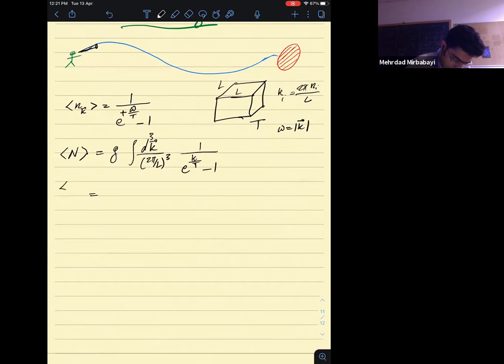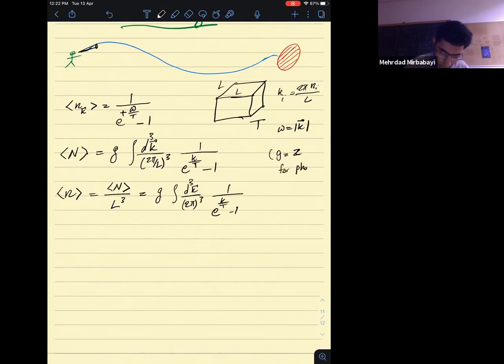We can ask about the number density of photons by dividing this by L cubed, the volume of the box, and that is given by g times d^3k divided by (2 pi) cubed, times 1 over e to the k over T minus 1. And remember that g is equal to 2 for photons.